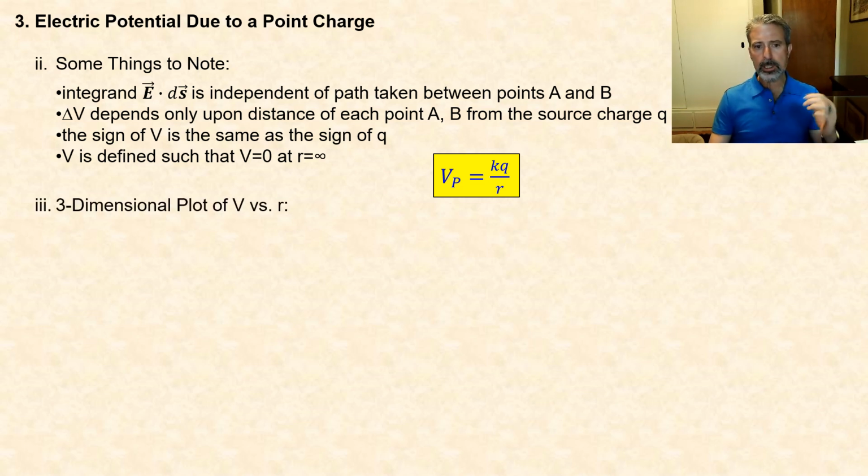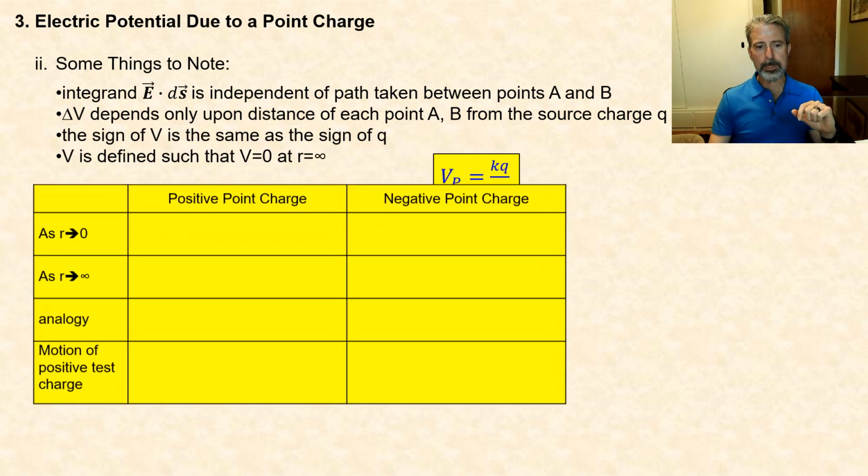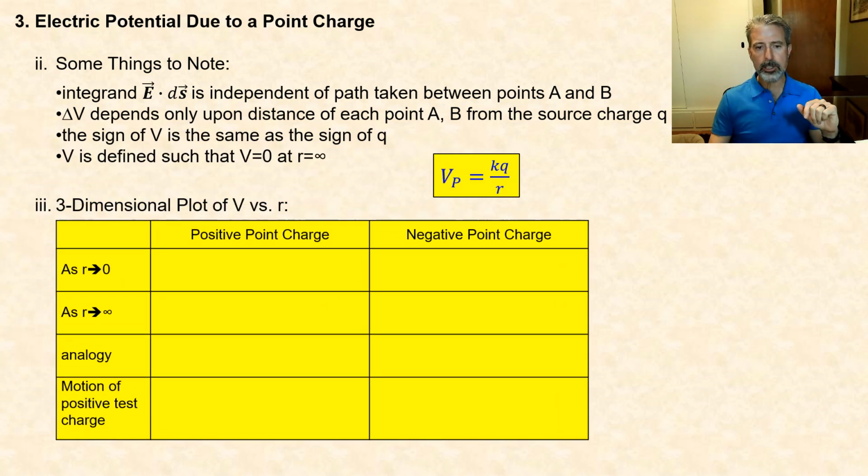To try to see what this looks like here, we're going to try to plot what the electric potential looks like. We're going to do a three-dimensional plot of V potential versus distance, and we will look at distance in the Cartesian plane. So we'll see what the potential would look like for two dimensions, both x and y, starting with the case of a positive point charge.